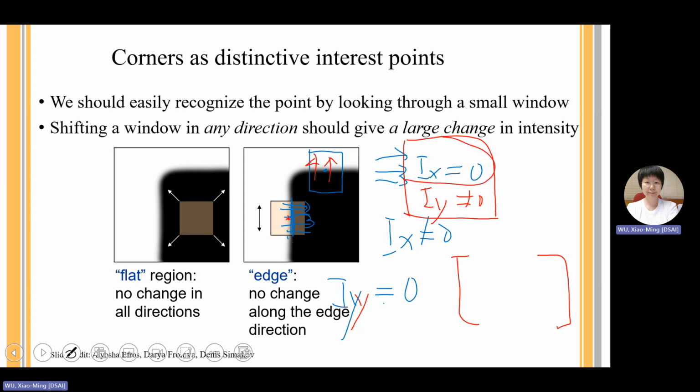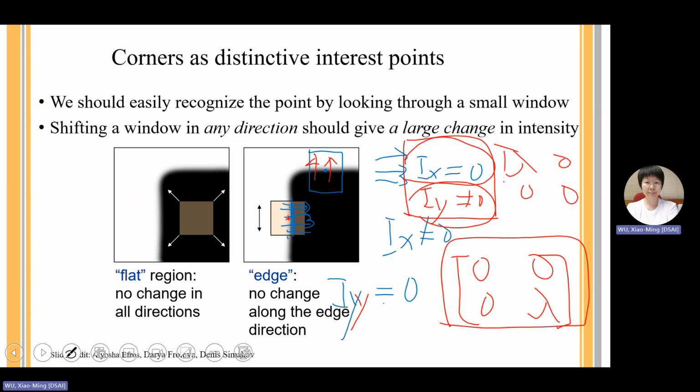Because all the Ix are 0, this term should be 0, right? And because some Iy are non-zero, this term is non-zero. Then what about the off-diagonal terms? They're all 0. So that's how we know that when the second moment matrix is like this or this, then they represent an edge pixel. If they are all 0, then it represents a flat region.